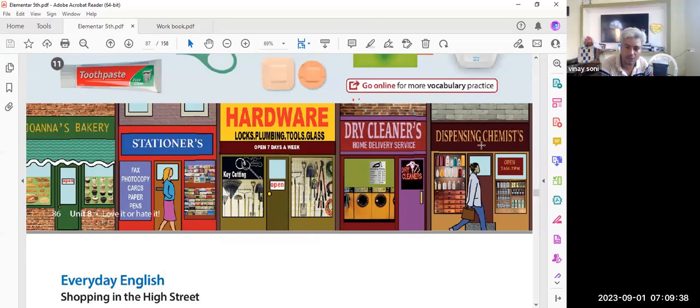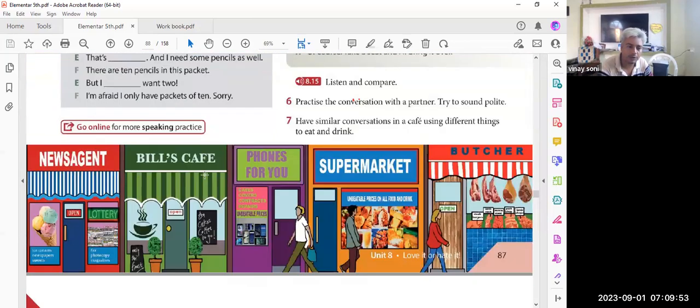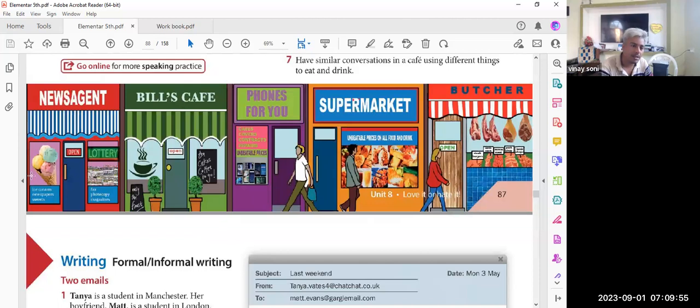Again, chemist is a job, dear students. That's why chemist is a shop. Without apostrophe S, it is a job. So a chemist sells medicine, okay, it's a medicine shop. You can buy pills. News agent is also a person, and you should use apostrophe S here as well.